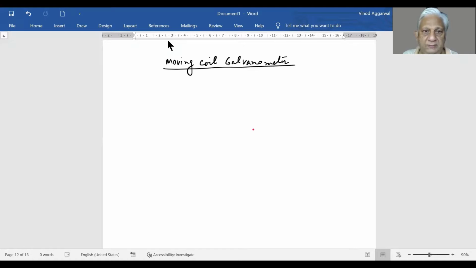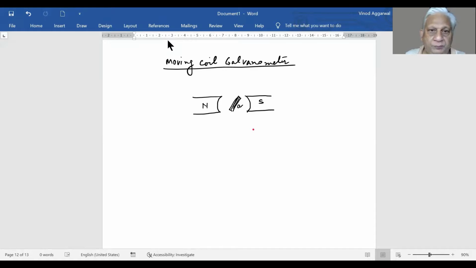What it has is two magnets like this, which are specially shaped, and there is a coil in between, with coils wound around it.